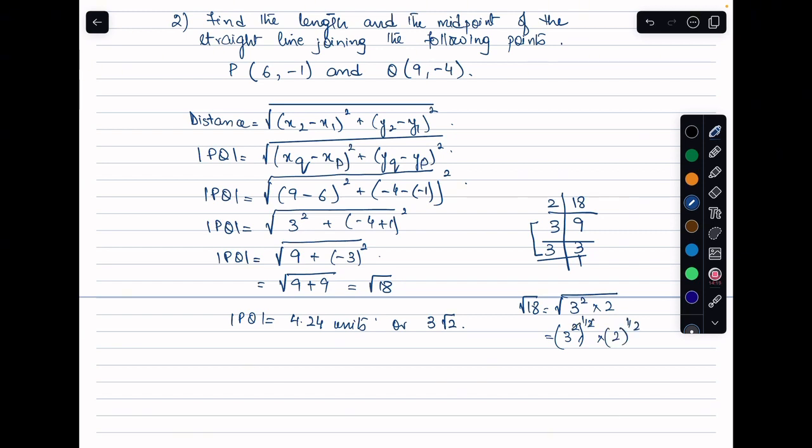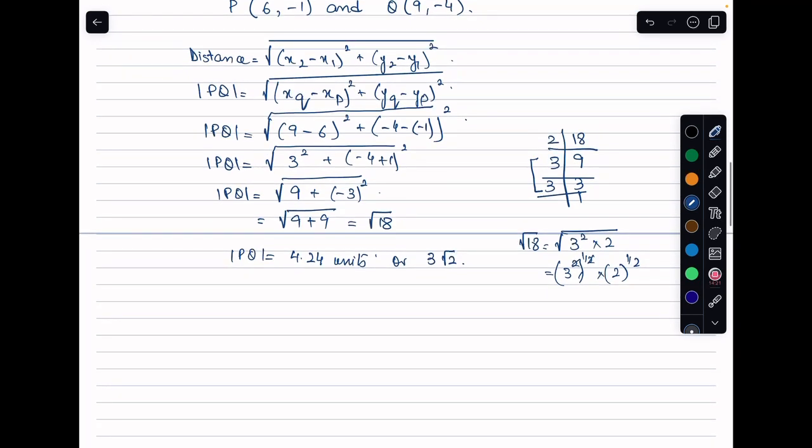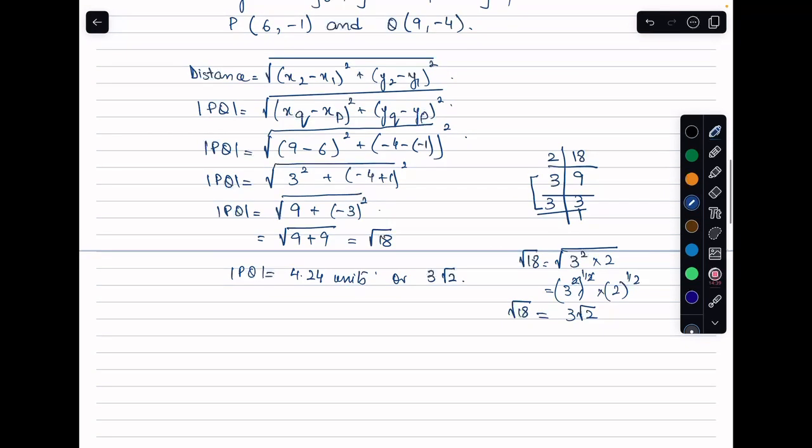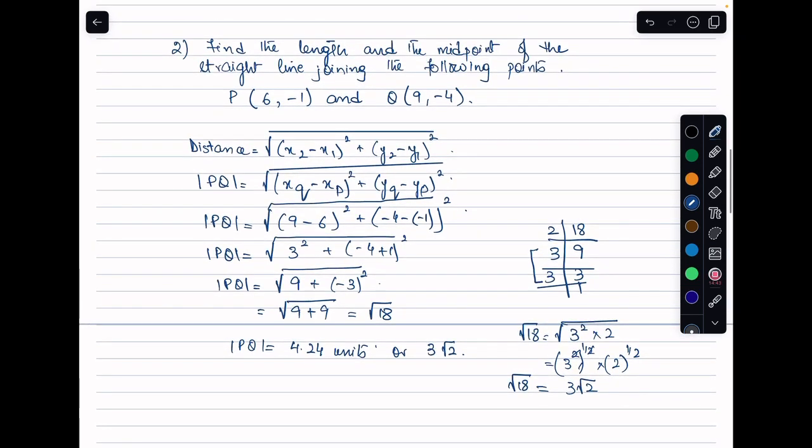The square and the radical 1 by 2 get cancelled, and I can say that the simplified answer for under root 18 is just going to be 3 under root 2 here. So this is my simplified exact answer for under root 18, and the decimal answer is 4.24 units. So this is how I will be getting the distance for the line PQ.